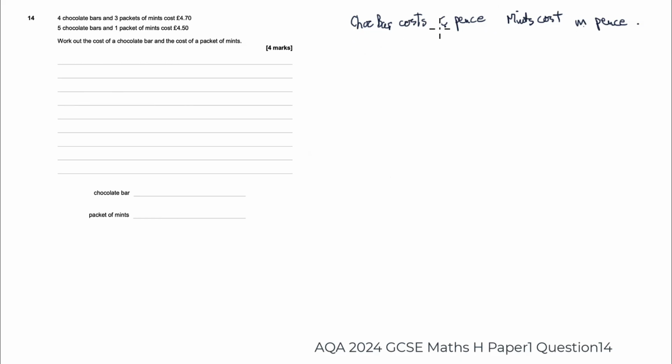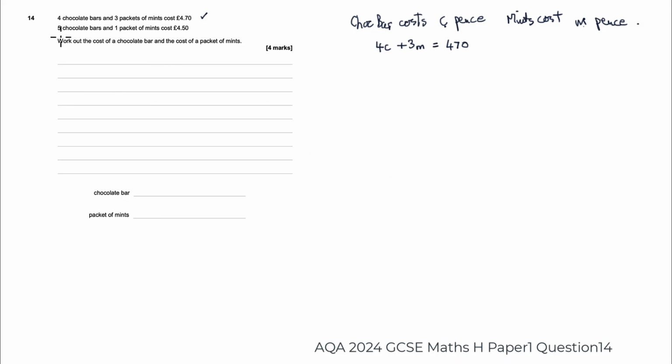So 4 chocolate bars would therefore cost 4 lots of C pence, and 3 packets of mints would cost 3 lots of M. And we're told that total comes to £4.70. That's 470 pence. So that's the first piece of information written as an equation using these 2 variables which we're using for the unknown costs.